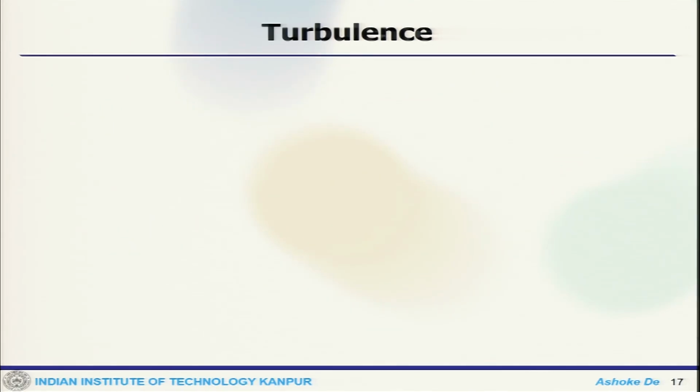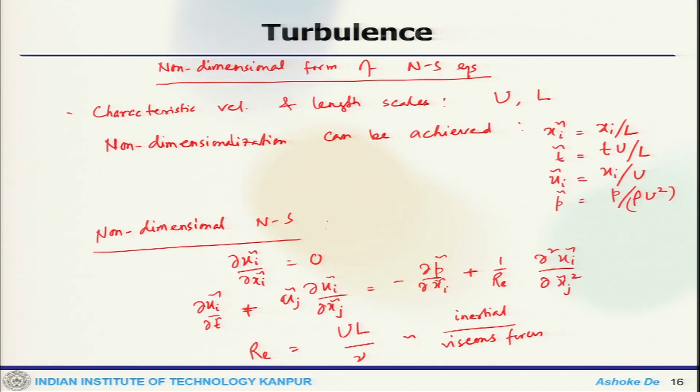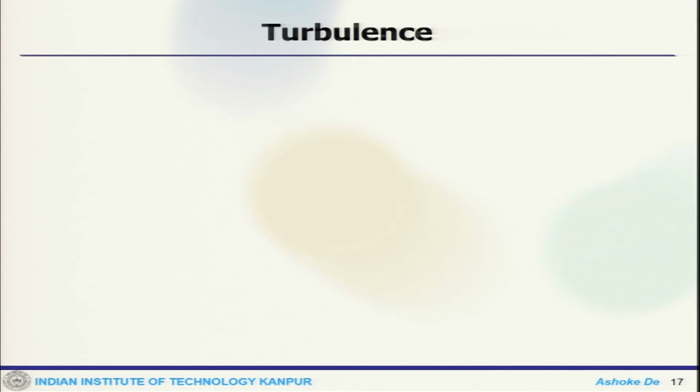Now, we look at the scale similarity. So, already we have got the non-dimensional form. So, there are two similarities, one is the Reynolds number similarity.